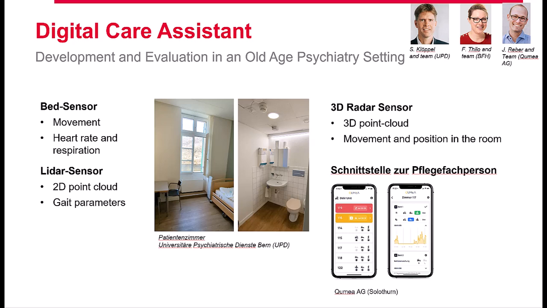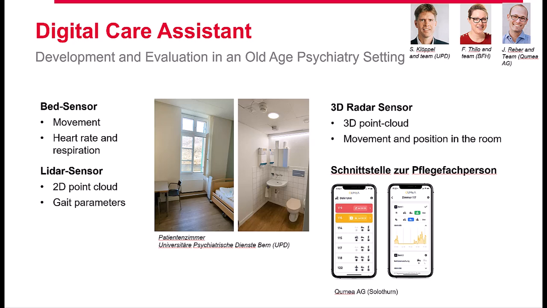We have incorporated in such a patient room a bed sensor, as I have explained before, measuring movement and heart rate, respiration in the bed. You don't see the sensor, but trust me, it's down here. Then there is a LiDAR sensor under the bed measuring gait parameters and a radar sensor on the ceiling. You see it here.